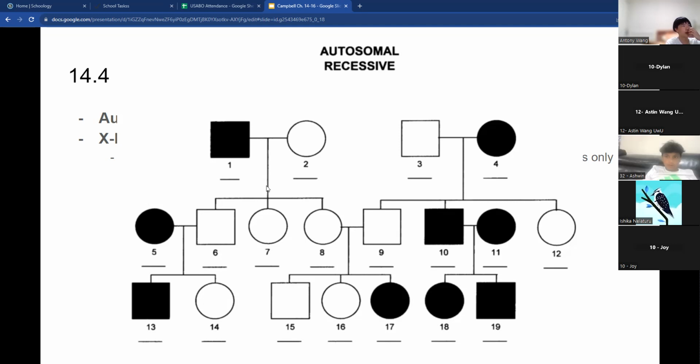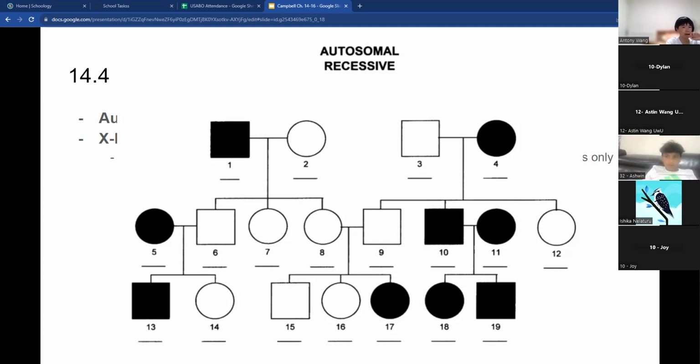The shading of the shapes does not tell you whether or not the condition is recessive or dominant. That will usually be given to you, or you'll have to deduce that. In this case, it's a circle, it's a female, and it's not shaded in, so it's unaffected. And this is autosomal recessive.